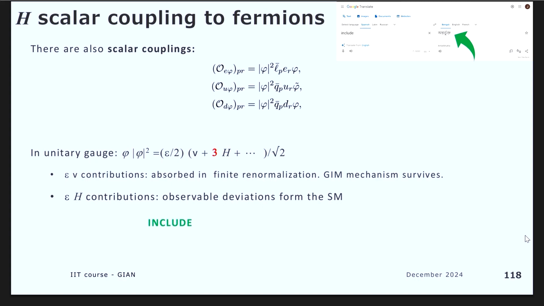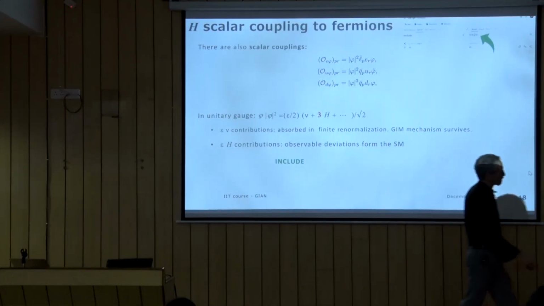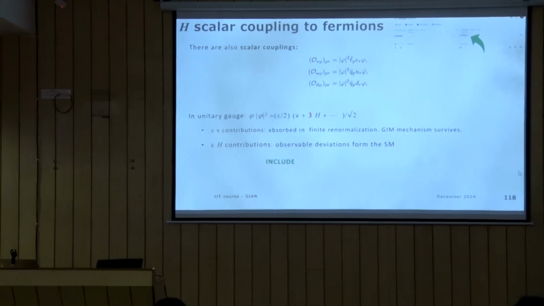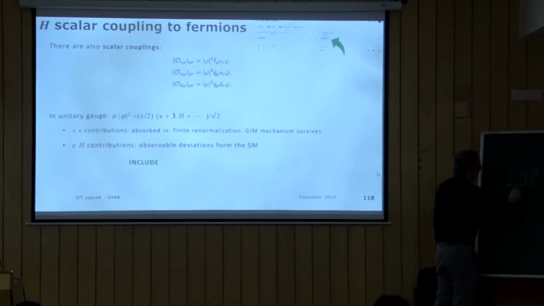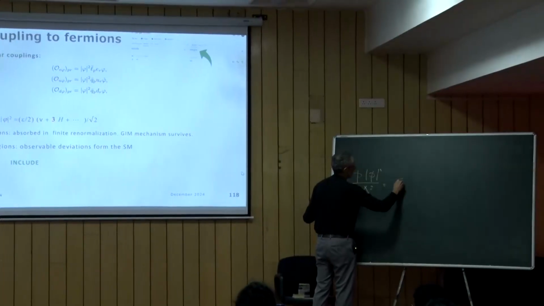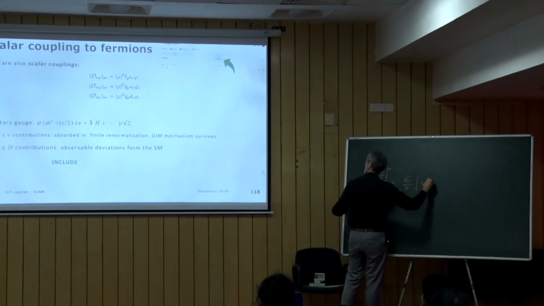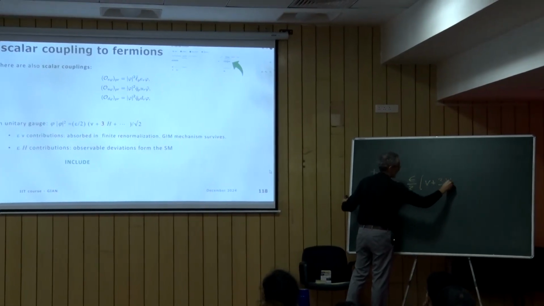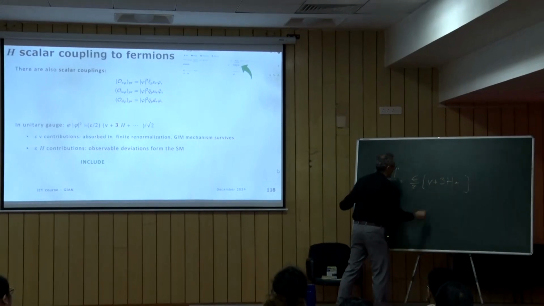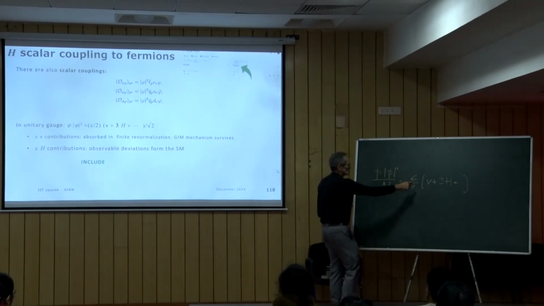Okay, let me write this down. Phi squared over lambda squared is epsilon over 2 times V plus 3H plus and so on. So what does this do?